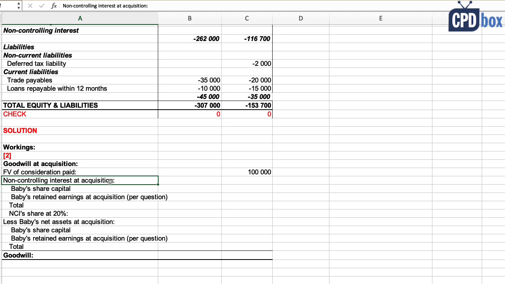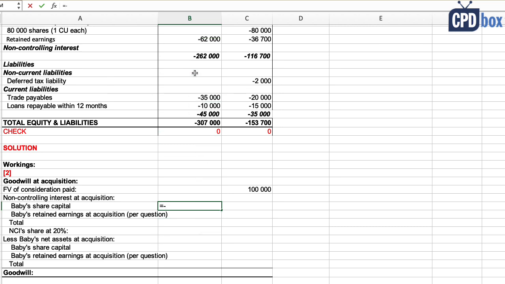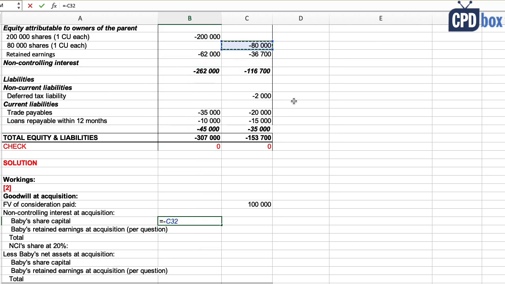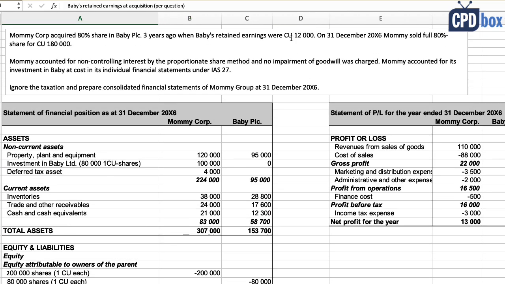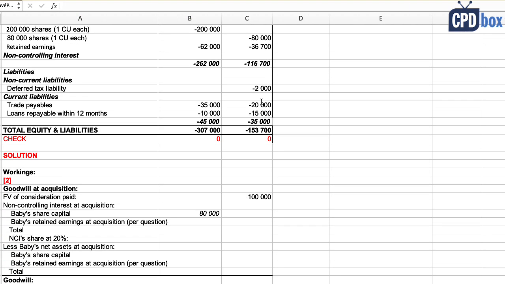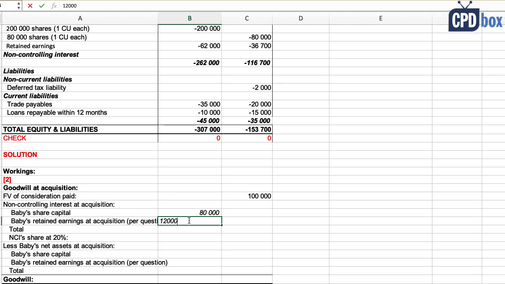The second part of the formula is non-controlling interest at acquisition date, which we can calculate as baby's share capital at acquisition, 80,000, plus baby's retained earnings at acquisition, per question, that was 12,000. And so total baby's net assets at acquisition was 92,000. And non-controlling interest share was 20% because mommy acquired 80%, remember?